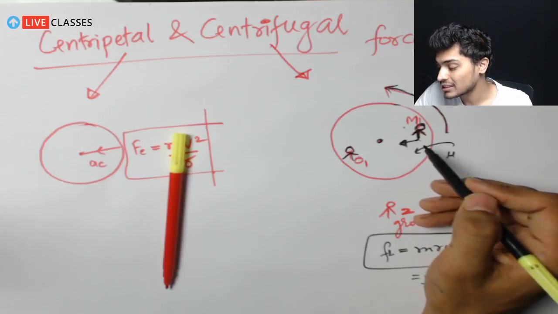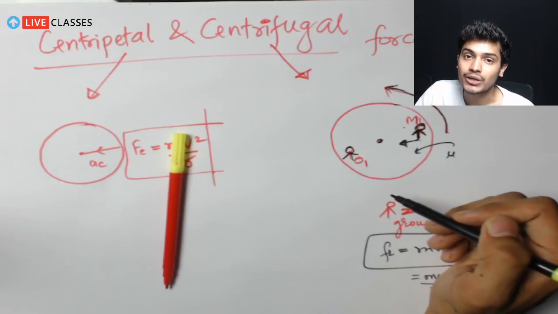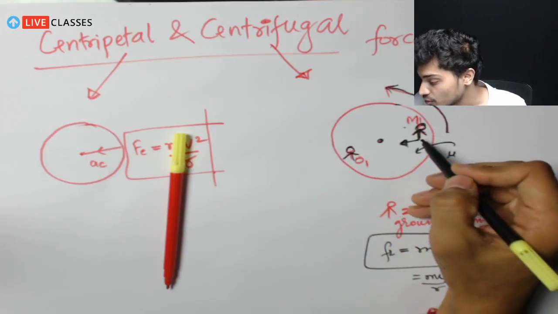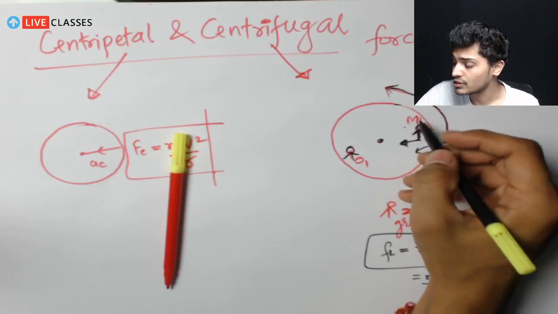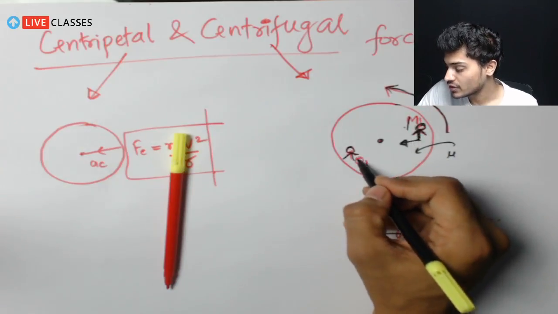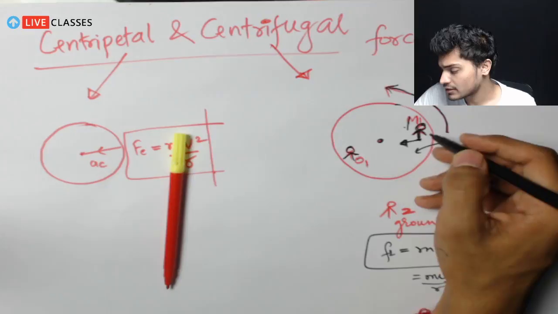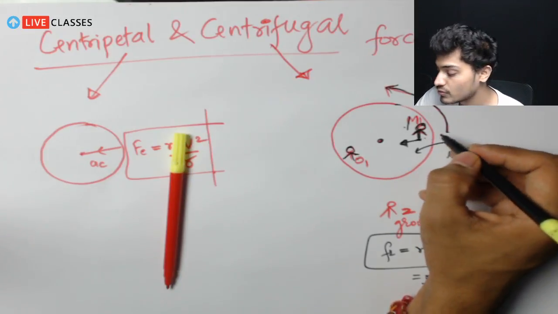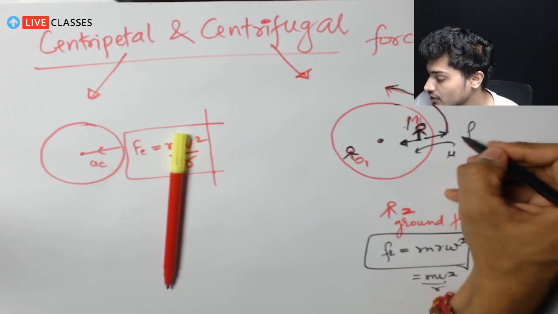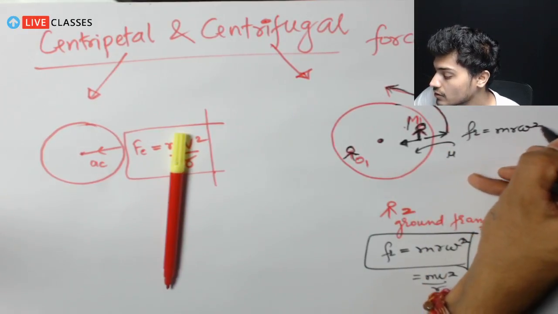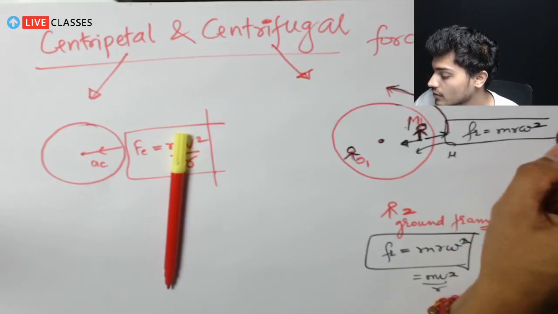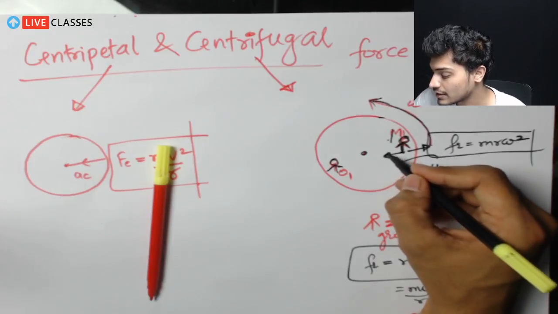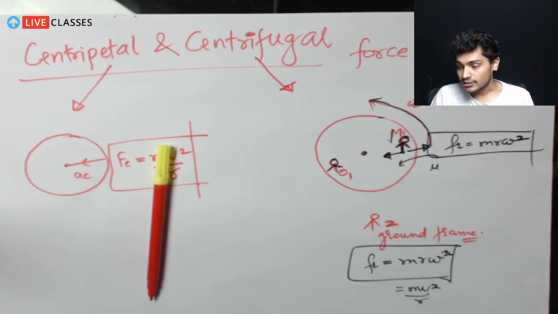This force is nothing but the centrifugal force, which comes into existence when we observe the motion from a rotating frame or non-inertial frame. So observer 1 will say that for O1, m1 is at rest, so the net force must be 0 for m1. He will equate this as friction equals m r omega square. And from here the name centrifugal comes into existence.